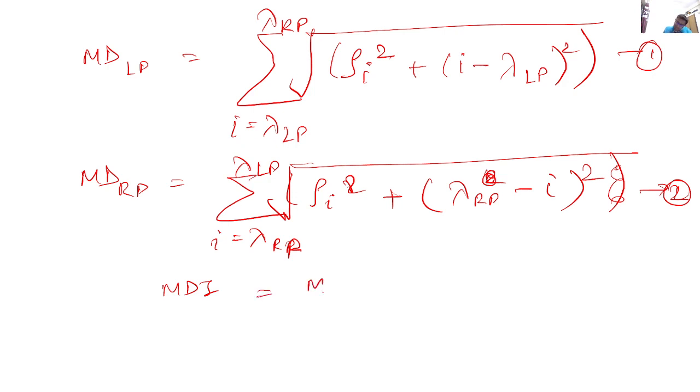Finally, using them we get a moment distance index, which is nothing but MD RP minus moment distance left pivot. And through that, we get to understand the vegetation features. We make a big matrix, by the way, because hyperspectral remote sensing is the one case where we use it extensively. In hyperspectral remote sensing, the bands are very narrow. They may be of only around 10 nanometer bandwidth, and there may be around 220 to 230 bands.